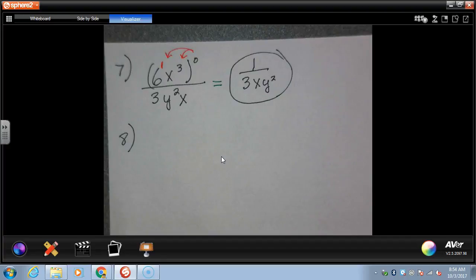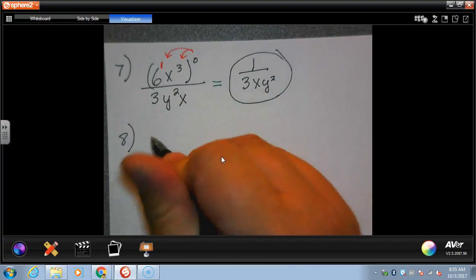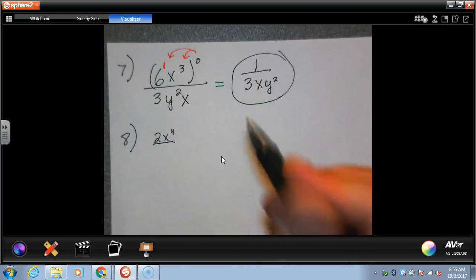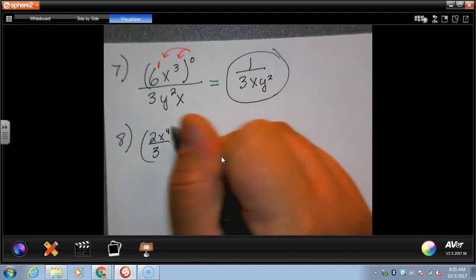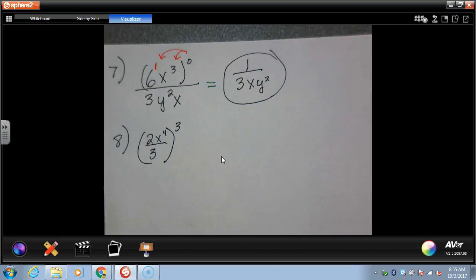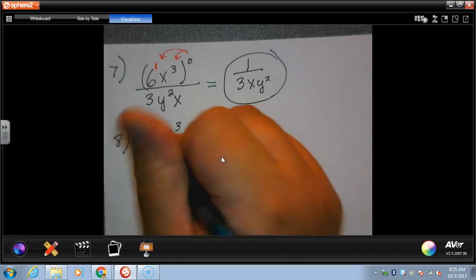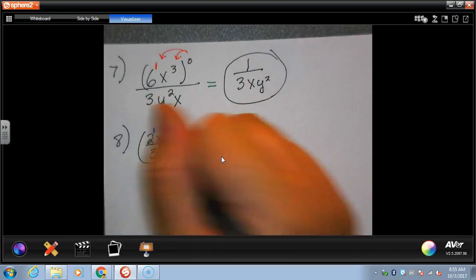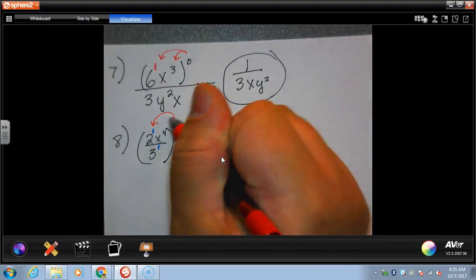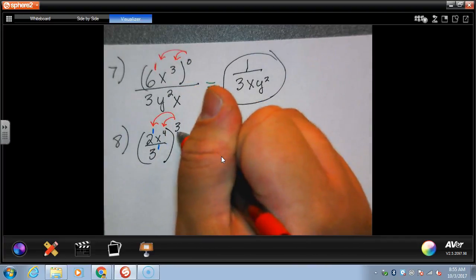Number 8. We have 2x to the 4th over 3, the entire fraction raised to the power of 3. Don't forget there's a 1 with the 3 and a 1 with the 2. So I have to multiply every single one of these.